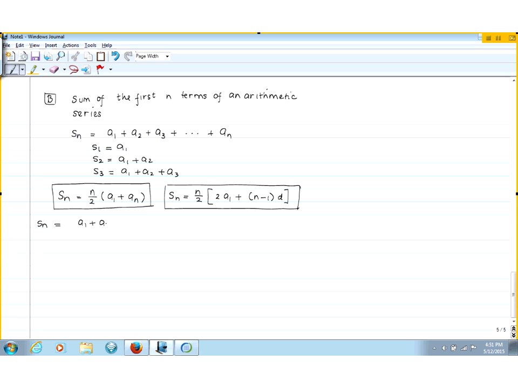So Sn here is a1 plus a2 plus a3 plus blah blah blah plus a(n minus 2) plus a(n minus 1) plus an, right? So I'm going to write it backwards now.